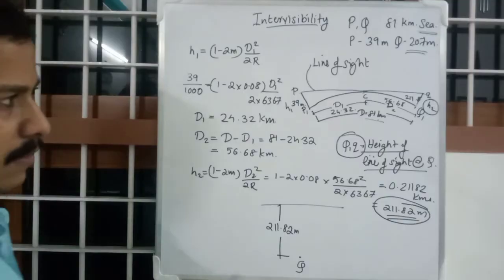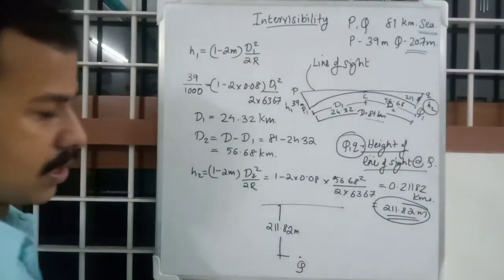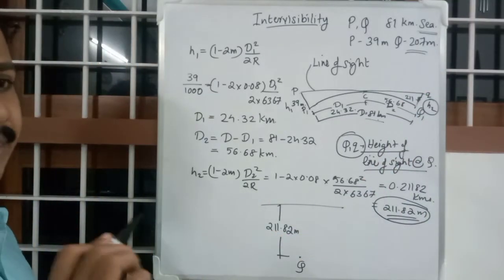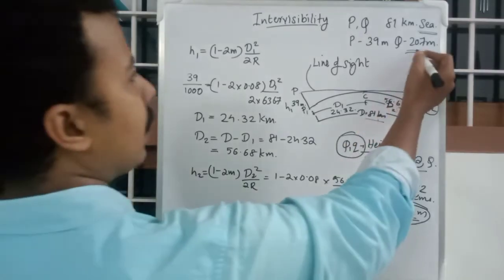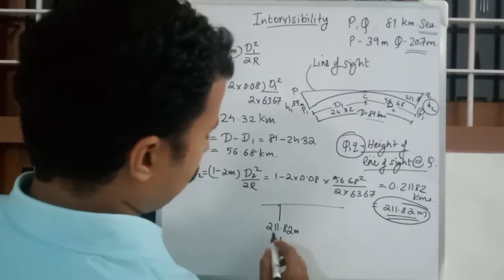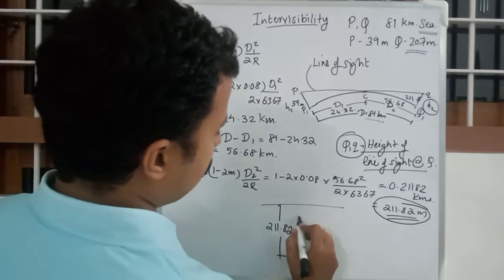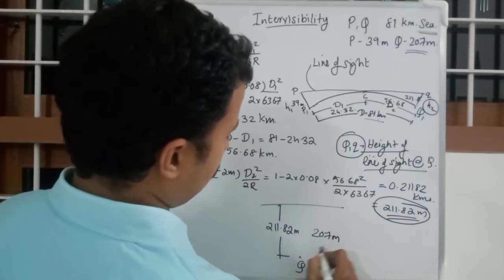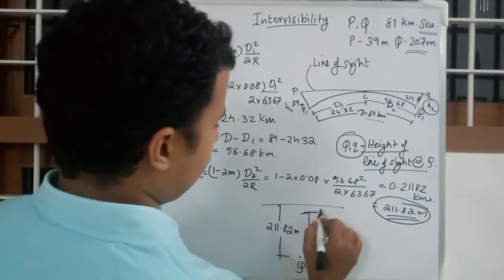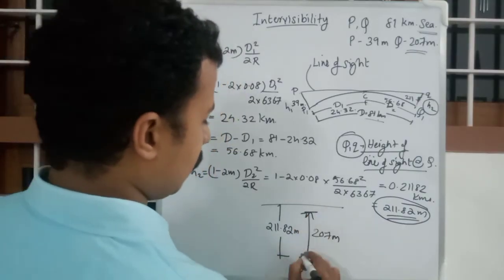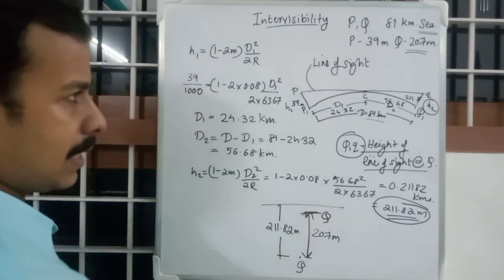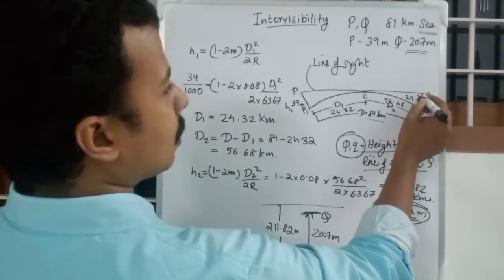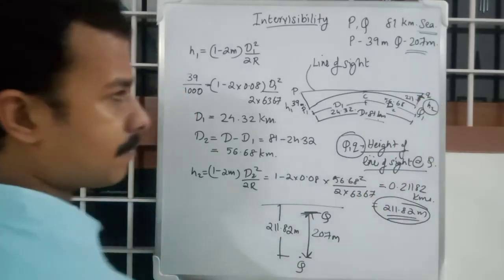I am taking only this Q station. But what is the height of actual signal Q? That is only 207 meters. So 207 meters is the height of Q. Obviously Q will be lower than the height of line of sight.